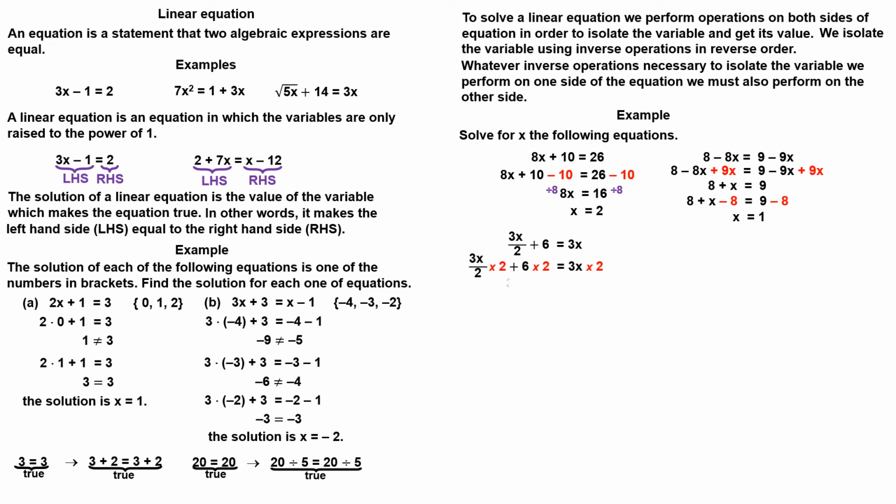The inverse operation of add 3x is subtract 3x, so subtract 3x from both sides. The inverse operation of multiply by 3 is divide by 3, so divide both sides by 3 and simplify.